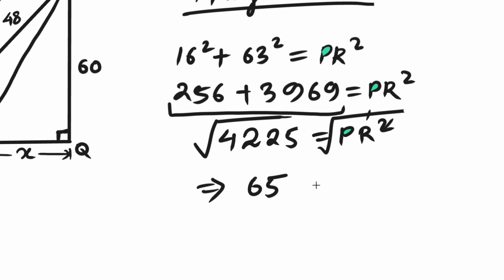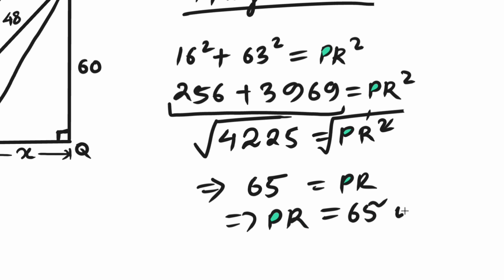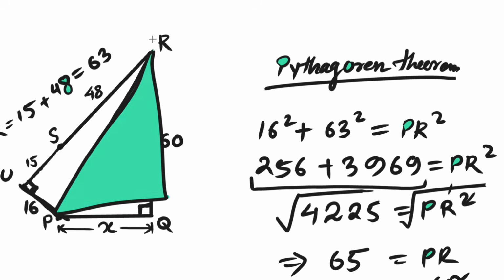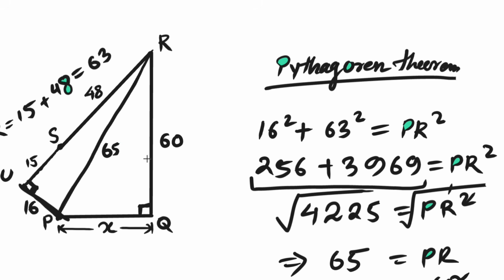So PR equals 65 units. And remember, this is huge, because PR isn't just the hypotenuse of this one triangle. It's also the shared hypotenuse of our second triangle, triangle PQR, so we already know one of its sides without any extra work.